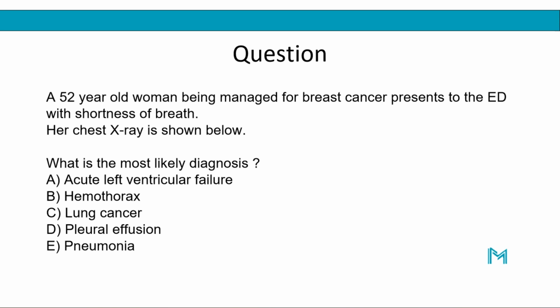So this is an acute presentation, and the presentation is that she had shortness of breath. So the salient points here are breast cancer, which is a relevant past or current medical history, and then the shortness of breath. So we'll outline that: breast cancer and shortness of breath are relevant. But that is about it.